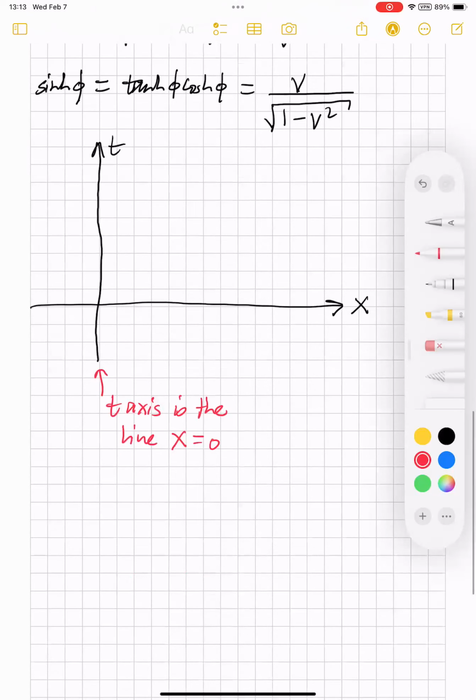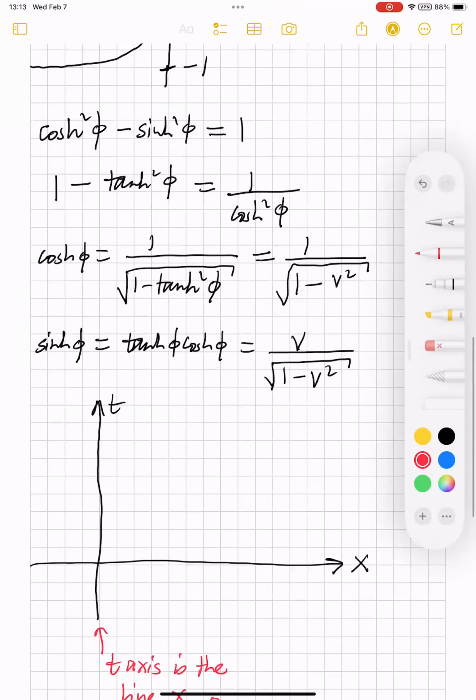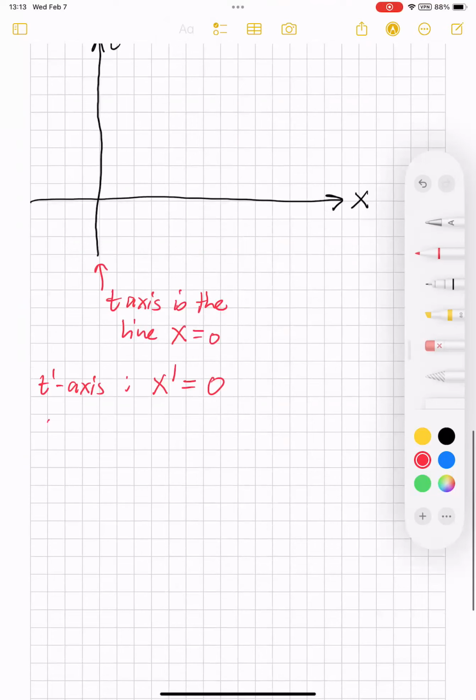So if we want the t prime axis, we need to look at the equation x prime is equal to 0. Well, we've got x prime over here. It's just cosh phi x plus sinh phi times by t. So we'll get 0 is equal to cosh phi x plus sinh phi times by t.